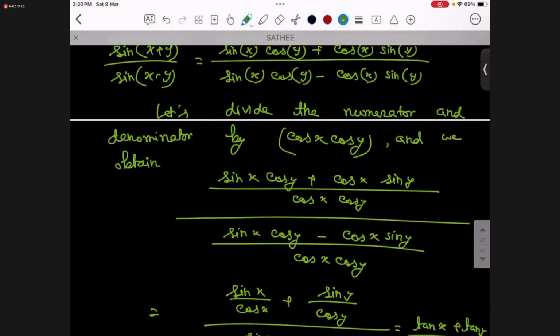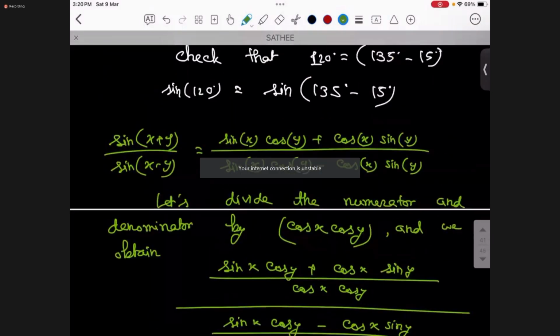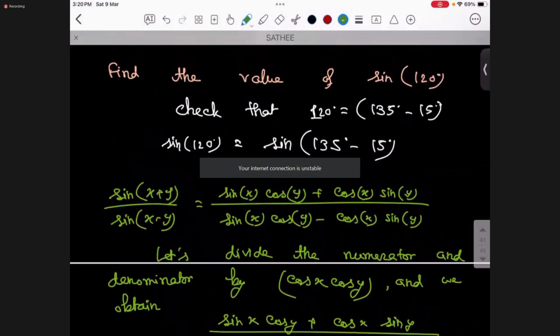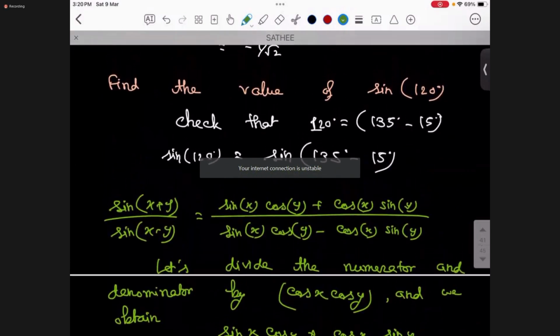I have gone through using the straightforward formula for sin(x plus y) and sin(x minus y), and then dividing by cos x cos y, but one can use the formula for sin(x plus y) and sin(x minus y) in terms of tan x to arrive at this result. So both ways, whichever is convenient, one can find this result.